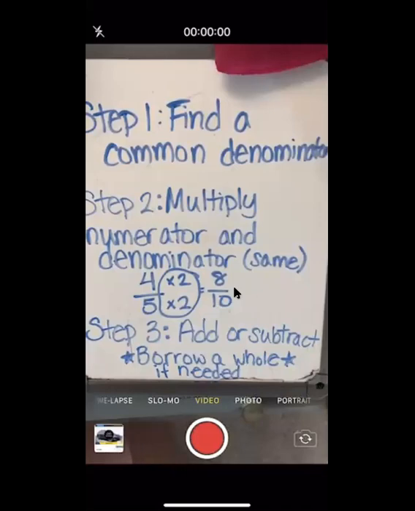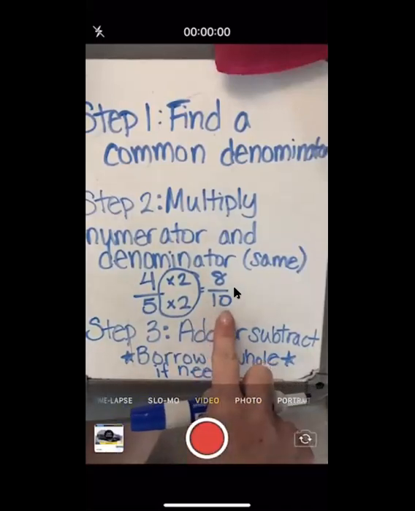Sometimes you can, sometimes you can't. No, but if you ended up with something like 8/10, or with something like 24/48, that would divide down to 1/2.